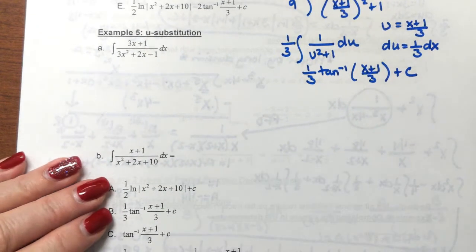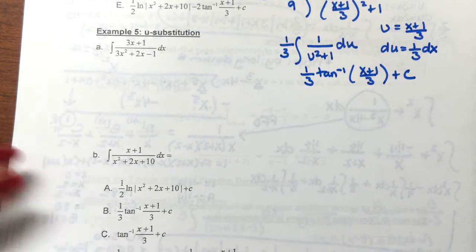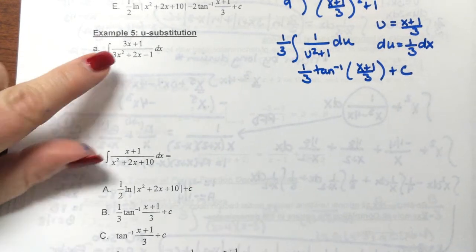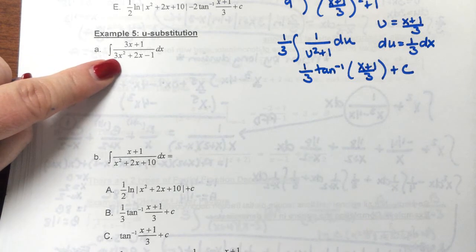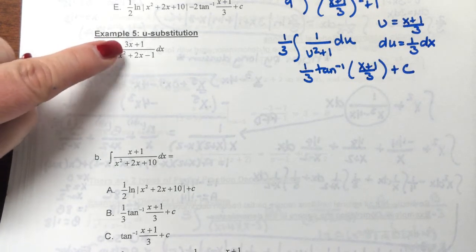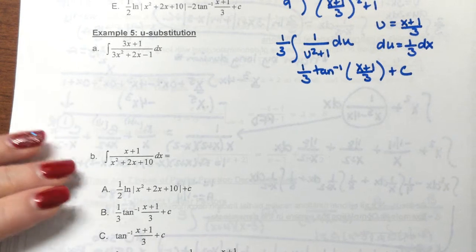So don't immediately jump to partial fraction decomposition, or don't immediately jump to your completing the square. Always check for a u sub, especially if you notice you have an x squared and then an x. Again, if the denominator is one more degree than the numerator, that's where a u sub may be on the lookout.